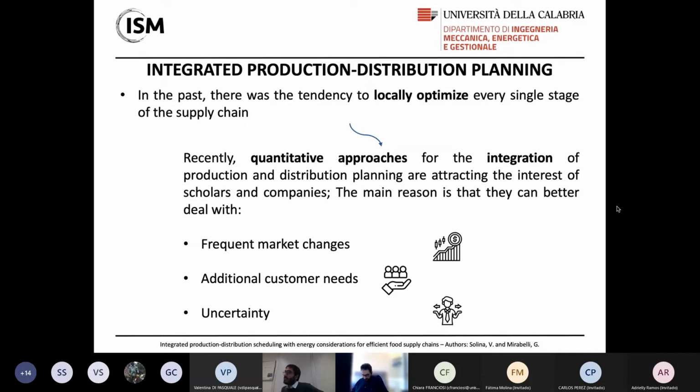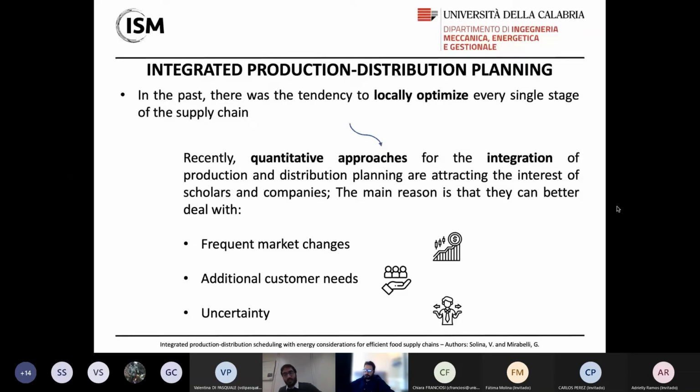And the main reasons behind this trend are the frequent market changes today, additional customer needs, because today the final product and also food products are very customized, even more than in the past.